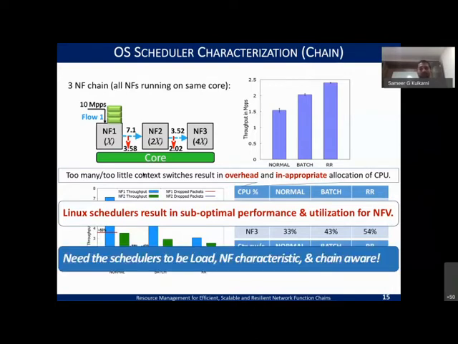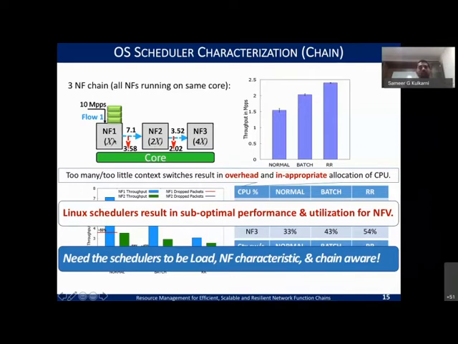So how we can tackle this further is we need the schedulers that operate on Linux to be load aware and to be aware of the NF characteristics and the chain requirements, so that packets processed by NF1 can be processed immediately by NF2 as they are getting ready.